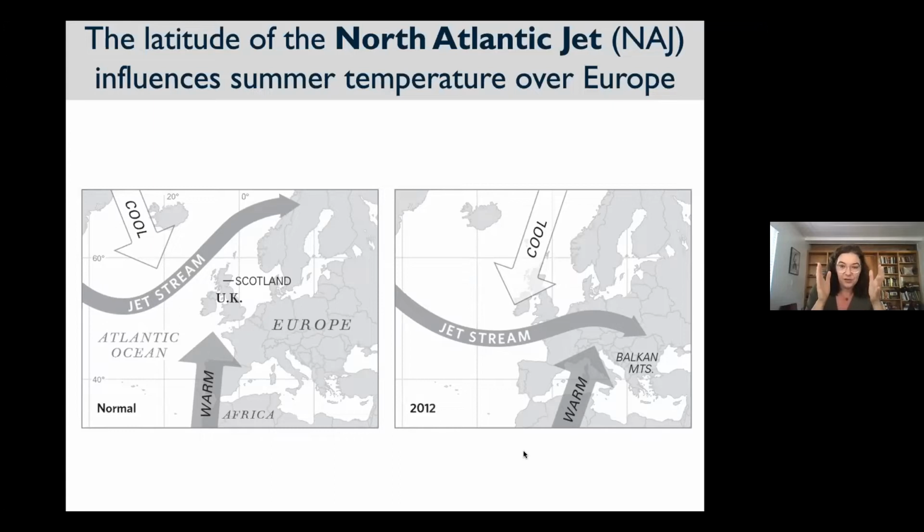So the latitude of the jet stream just west of Europe, over the very eastern North Atlantic, the anomaly of the latitude of the jet stream in August versus its average position.